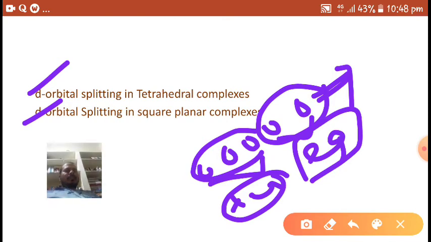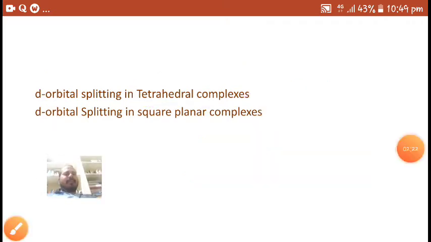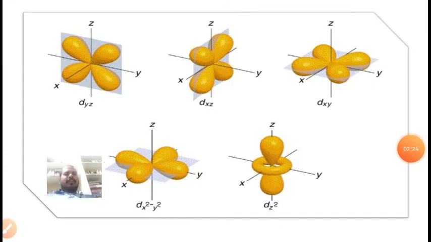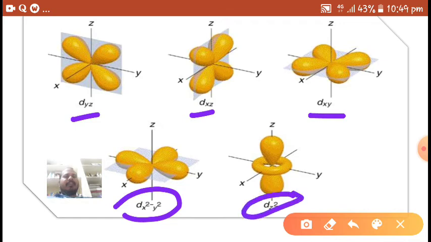So first, before entering into the topic, d orbital splitting in tetrahedral complexes, I will again brief about d orbitals and types of d orbitals. There are 5 d orbitals: dyz, dzx and dxy, and dx square minus y square, dz square.